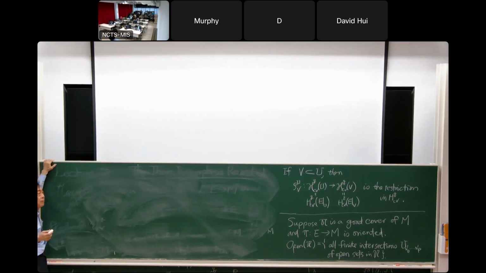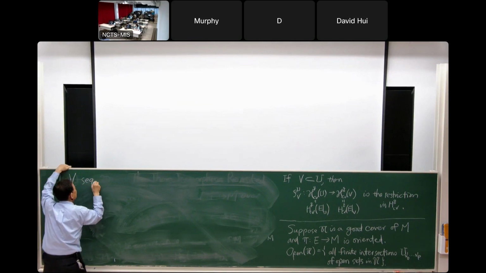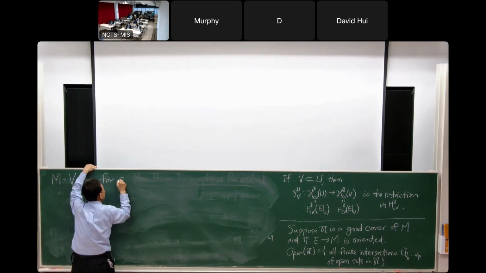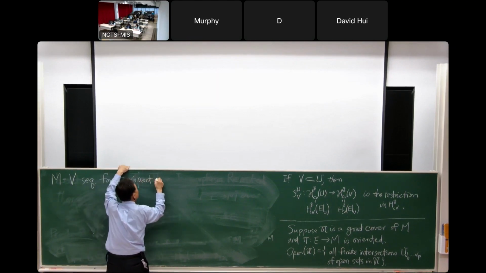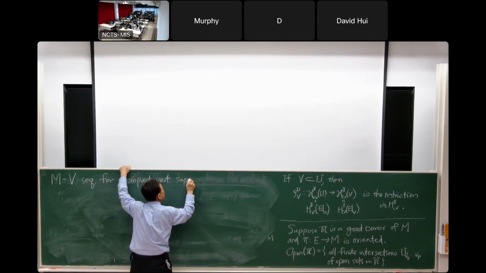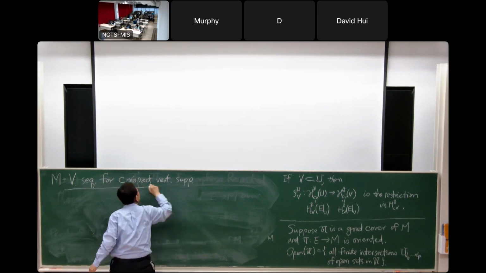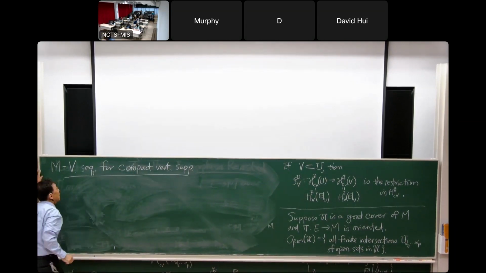I need an open cover, right? So this is the Mayer-Vietoris sequence for compact vertical support. This is on any manifold. So, theorem.